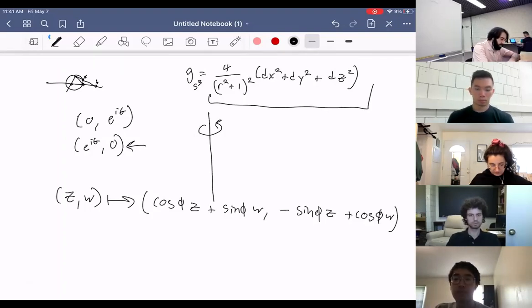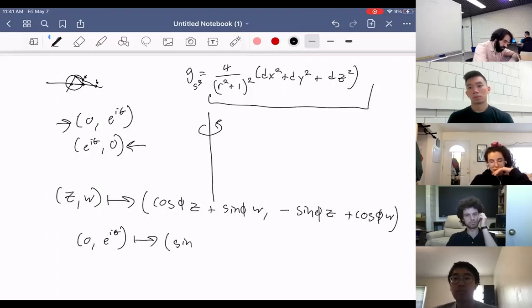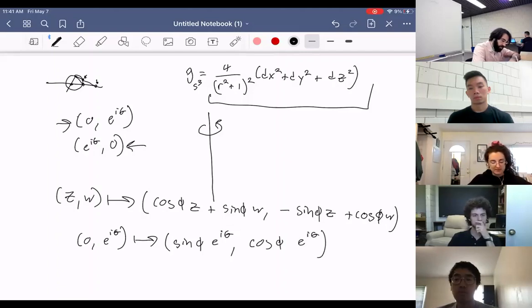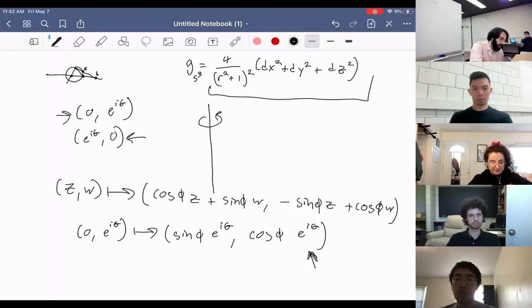Now, if we take this guy and apply this rotation to it, z is 0, so it gets sent to sine phi e to the I theta, cosine phi e to the I theta, which in the stereographic projection, basically we destroy the purely imaginary part of this, and this gets converted to the x and y part.